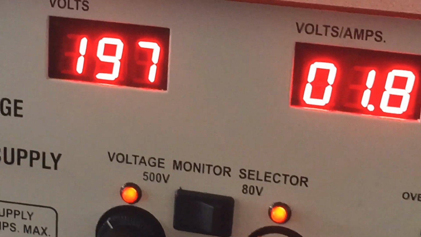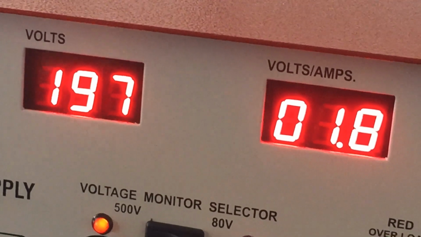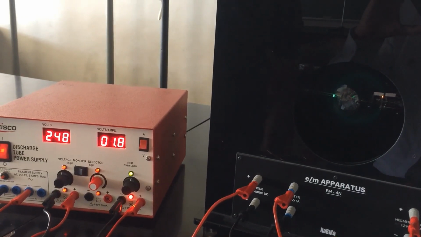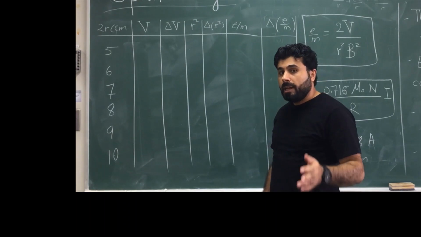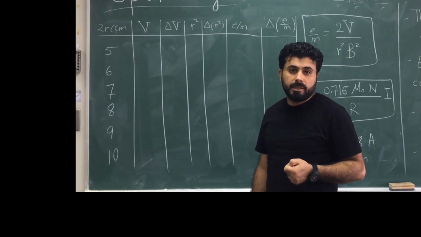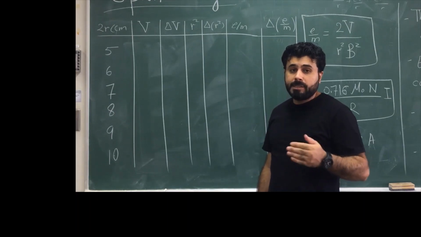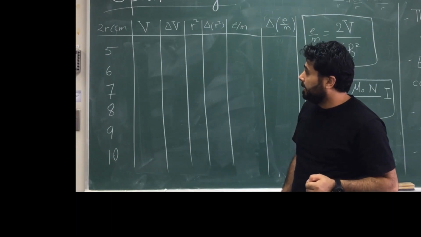I will do all the steps until we reach about 10 centimeters. The rest of the data will be provided in the table. As we saw, we changed the voltage to find 2R, and the rest of the data will be provided for you in the Word file.